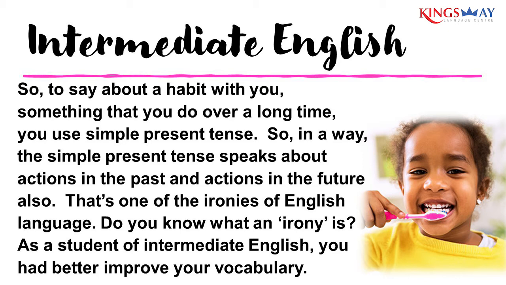tense. So, in a way, what you call the simple present tense speaks about actions in the past and actions in the future also. That's one of the ironies of English language. Do you know what an irony is? As a student of intermediate English, you had better improve your vocabulary.